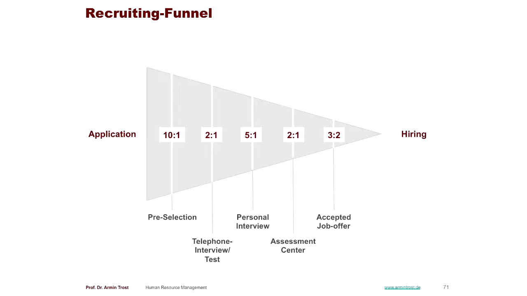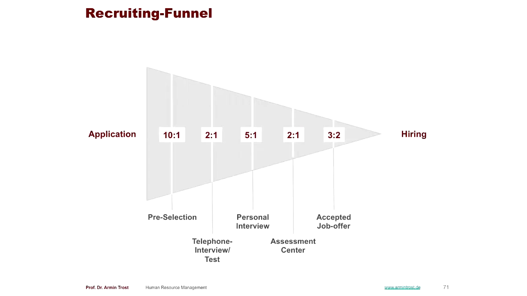It tells you that you get 10 applications so that one applicant really passes through the first step. You have to do 2 telephone interviews to, at the end, have one single candidate which you invite to a personal interview. You invite 5 people to interview, so that you invite one of these to the assessment center.